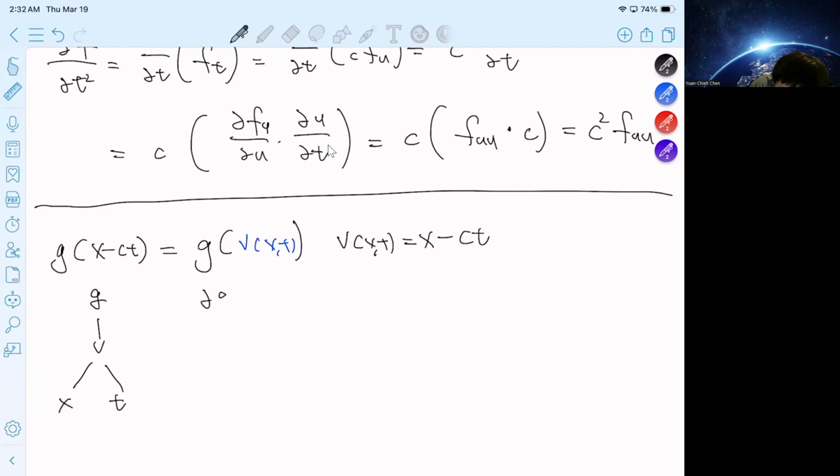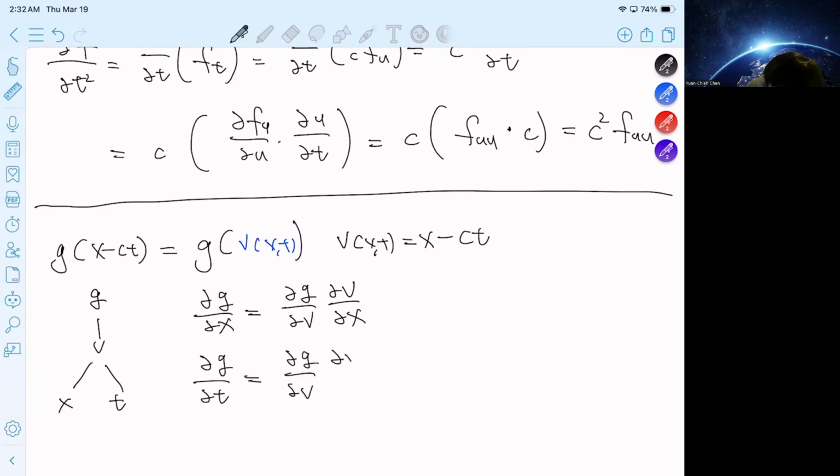So g partial x will be partial g partial v and partial v partial x. In this case, partial g partial t will be partial g partial v partial v partial t. And partial v partial x is still 1, and partial v partial t will be negative c. So in this case, we can happily write this is gv times 1, and this is negative c gv.